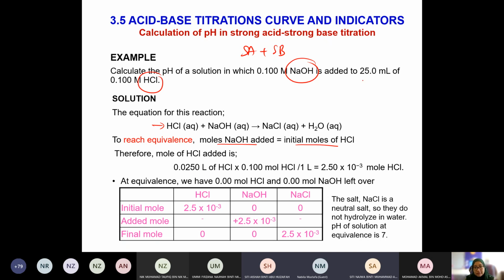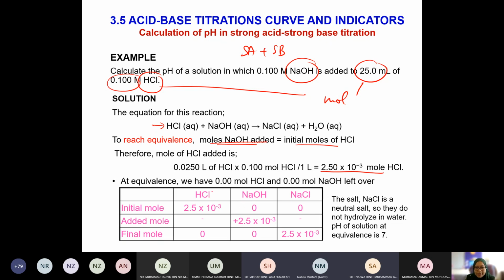Okay, because what is given to us is the volume and concentration of HCl. So from here we can find out the mole. So this is the mole of HCl. So bila kita tahu satu saja, automatically kita akan tahu for sodium hydroxide. Because why? At equivalent point, the mole of acid need to be the same as the mole of base.